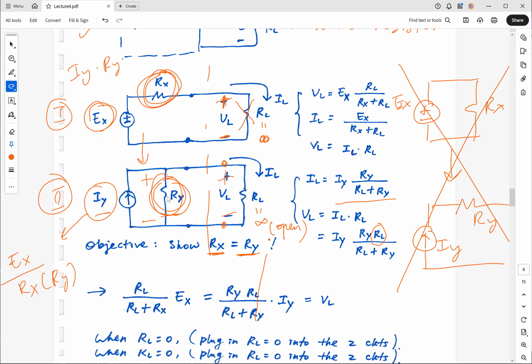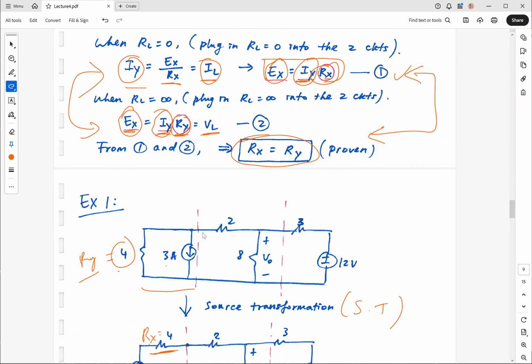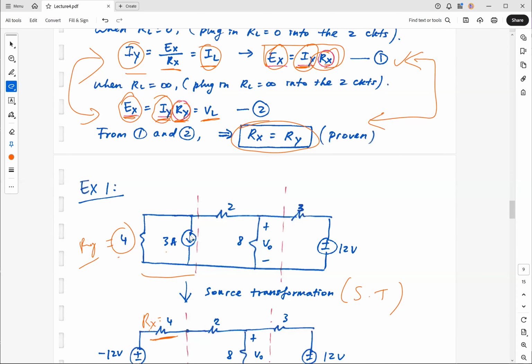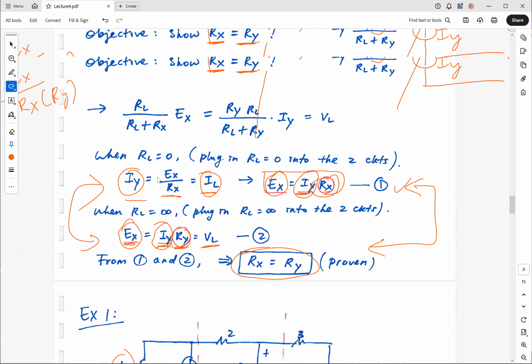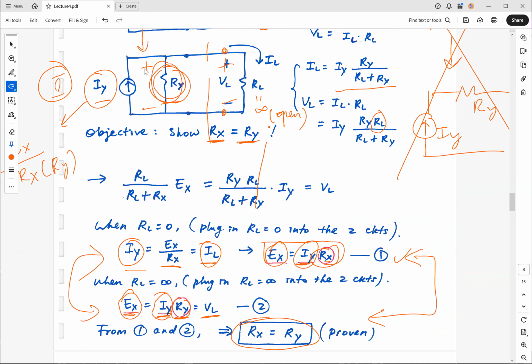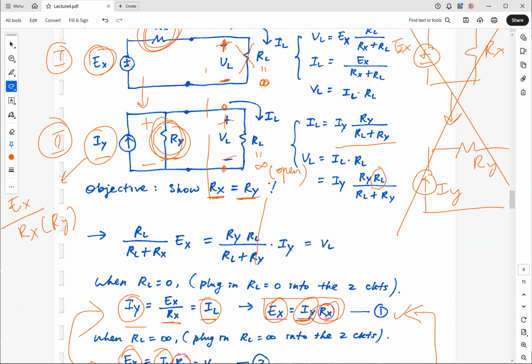Let's quickly go back to this example here. This current source is pointing downward. So this is first of all a flipped version of what you just saw. If this is going up, I have plus here and minus there. Once I flip the direction of the current flow, then I expect to see the opposite polarity.